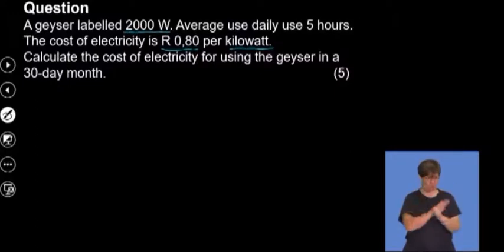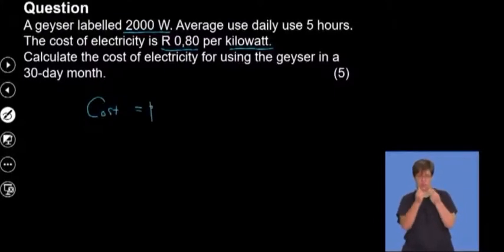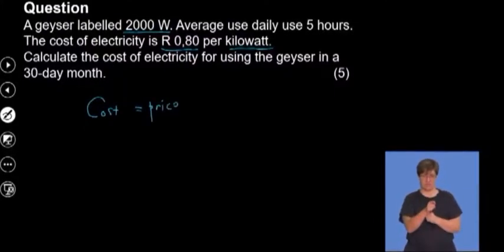Now we know that when we talk about energy consumption, the cost of using electricity is equal to the unit price, which in this case we are given, multiplied by the kilowatt hour. Right, so this is what we have here.